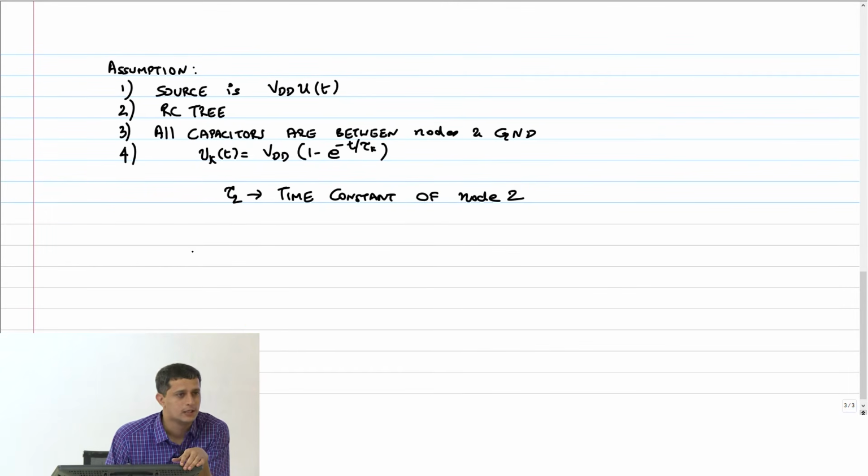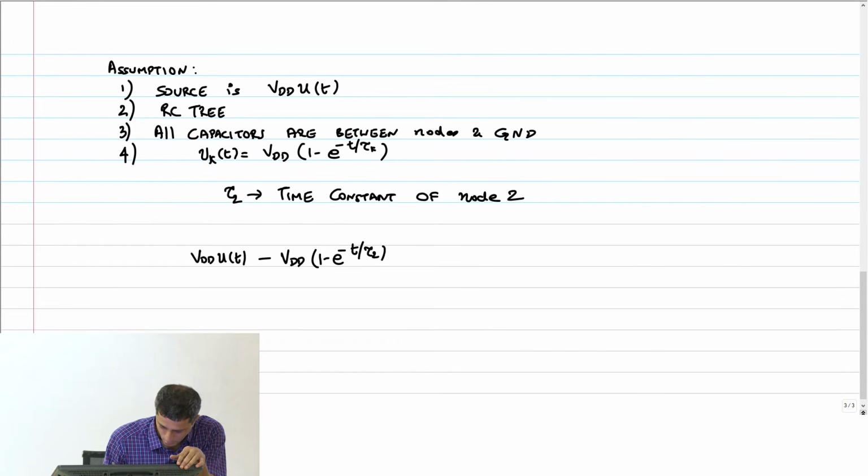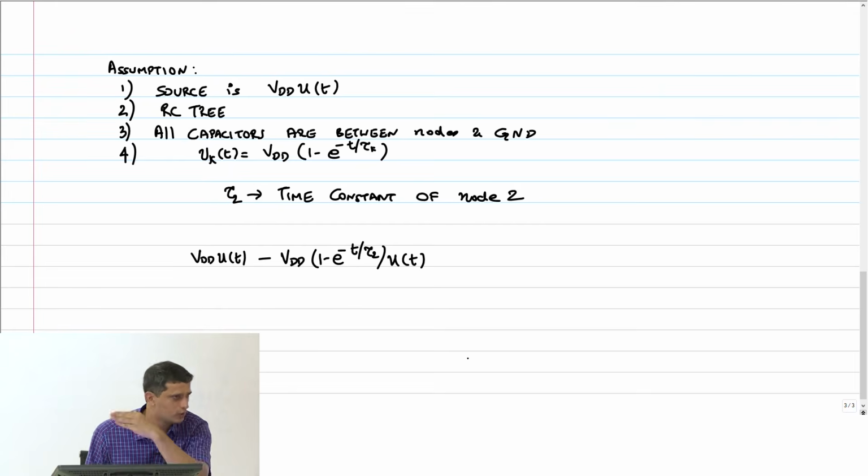So now we'll go ahead and substitute all these things that we had. Vs of t is VDD into U of t, right? V2 of t we said is VDD into 1 minus e to the power minus t by tau 2, of course into U of t again, because this starts only at 0, right?